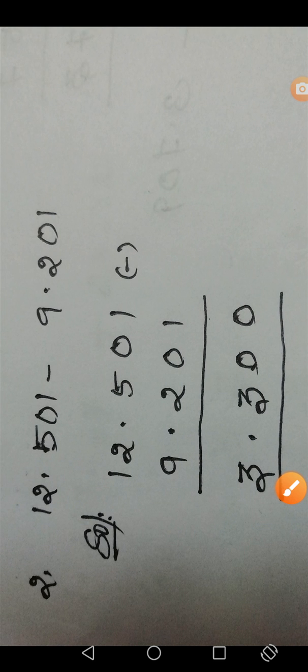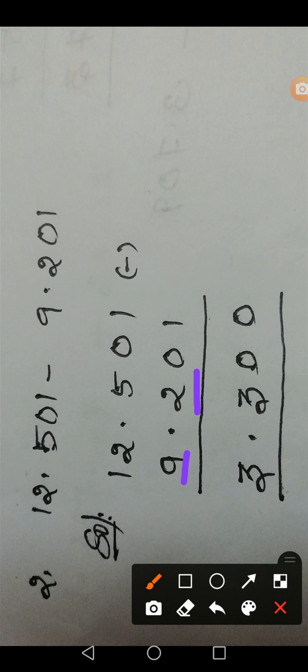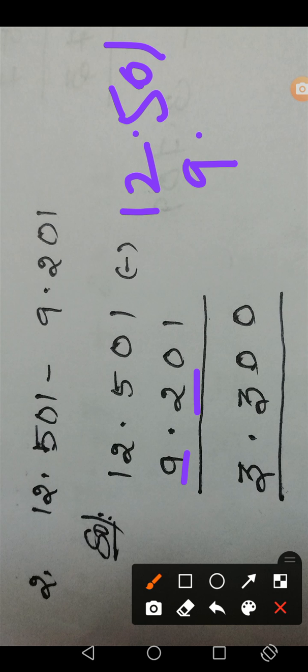Then the second one: 12.501 minus 9.201. First write the first number, then put the point directly below, then the numbers before and after the point. Before the point 9, after the point 2. So for the given question, first write 12.501, then the point. Then before the point 9, after the point 2, then the remaining numbers 0, 1.